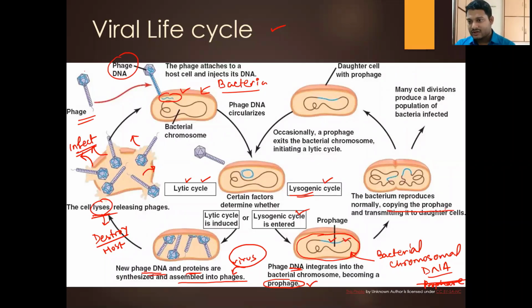It keeps on copying the prophage and transferring it to the daughter cells. The process continues, and sometimes the prophage exits the lysogenic cycle and enters the lytic cycle.